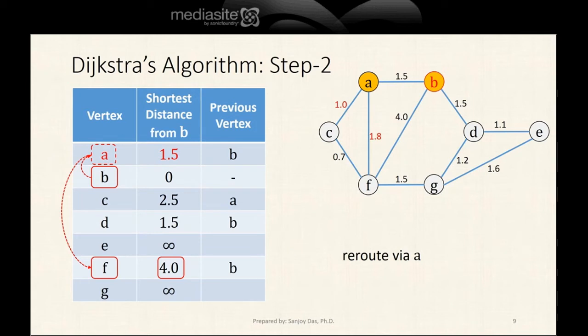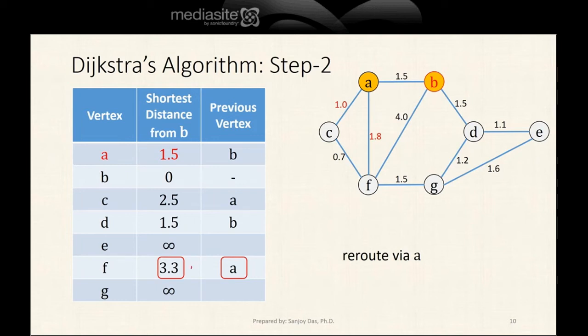B to A is 1.5, which is in red, and A to F is 1.8, which is this red here, and 1.5 plus 1.8 is 3.3, which is less than 4.0 here, and so I will replace the existing distance from 4.0 to 3.3.